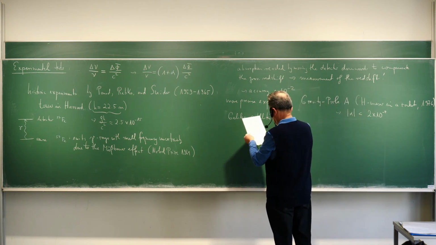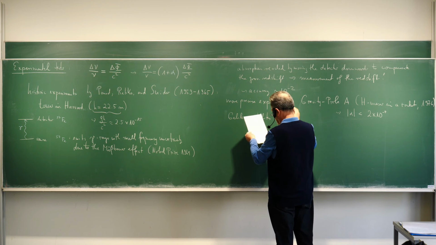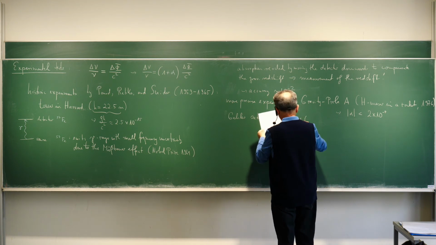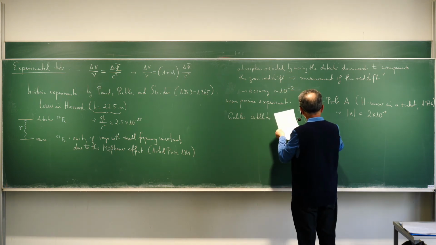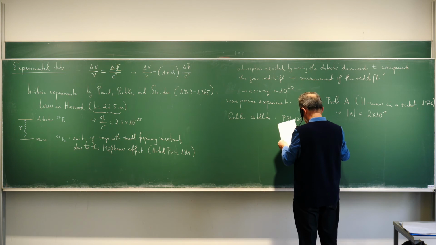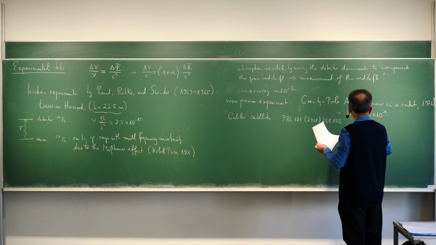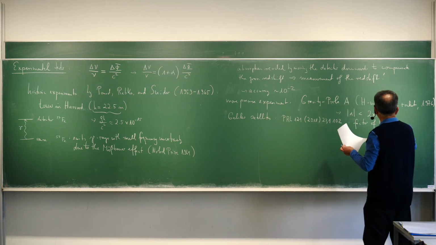You might wish to read the literature. This is in Physical Review Letters in this volume, published in 2018 using data from a couple of years earlier. So a factor of 4 improvement.